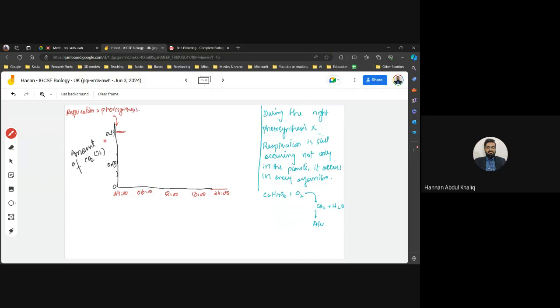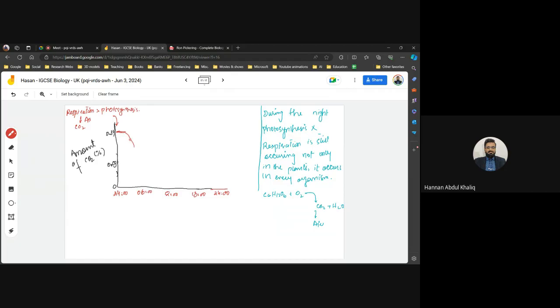If this is the amount of photosynthesis, then respiration releases carbon dioxide. So when all the organisms are releasing the carbon dioxide, the amount of carbon dioxide would be higher.